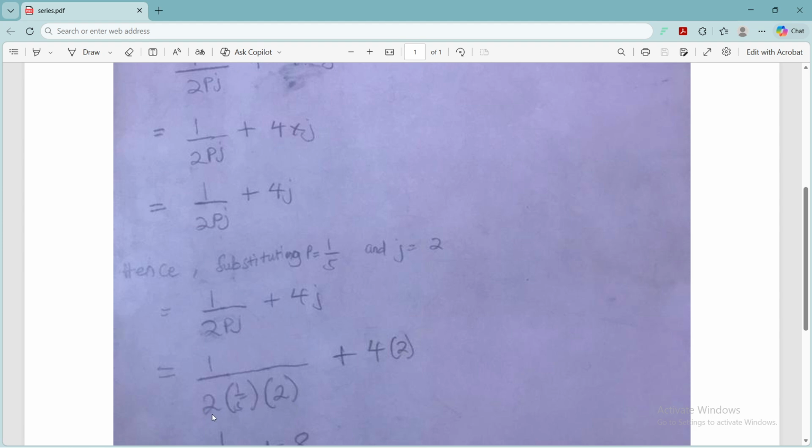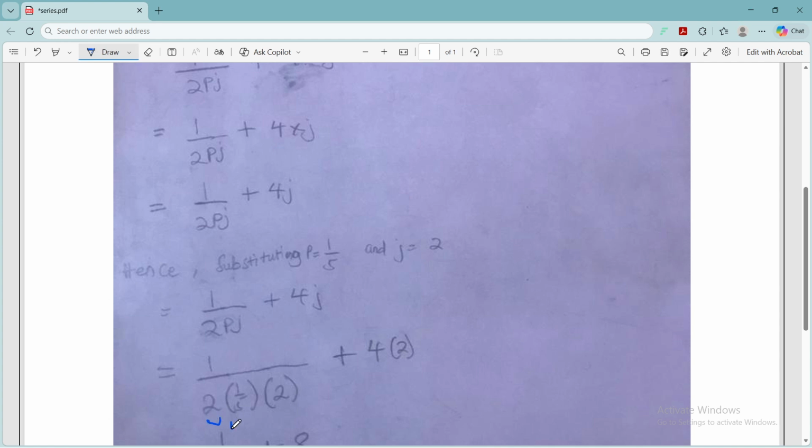So here you see every number is divisible by 1, right? So this 2 here can be represented as 2 over 1, right?